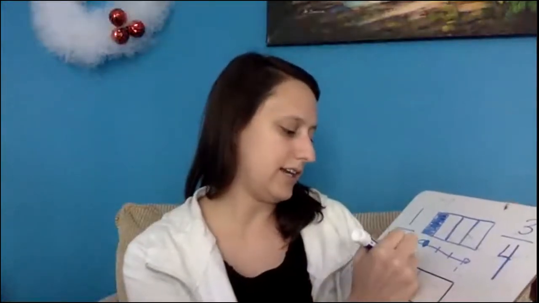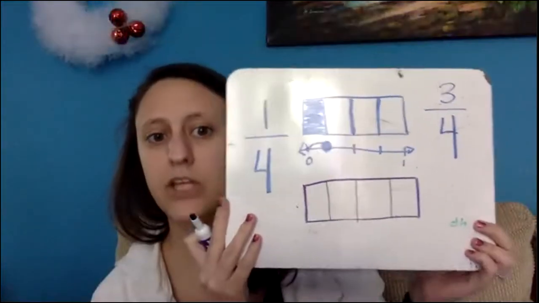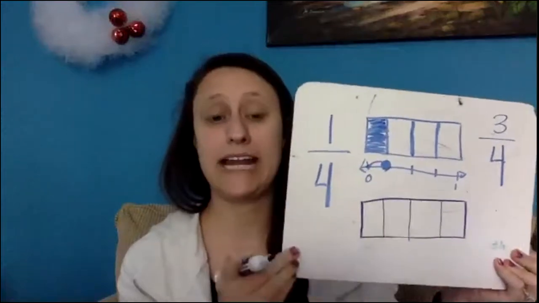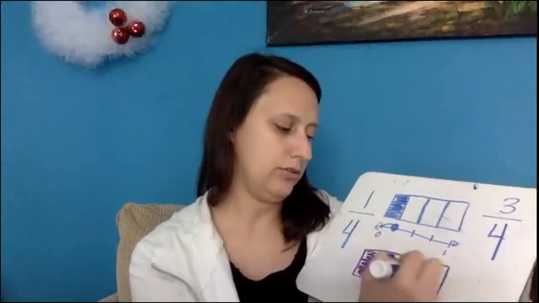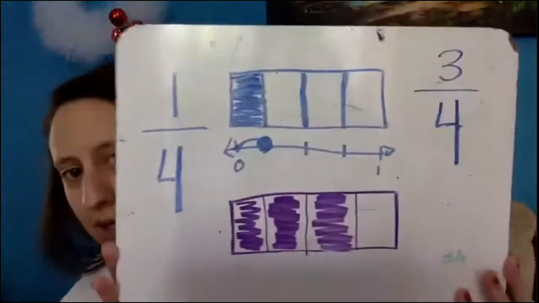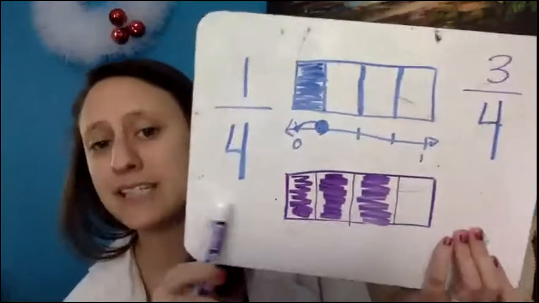Again, divide it into 4 equal pieces. You ate 1/4 of your candy bar, and I ate 3/4 of my candy bar. 1, 2, 3. Who ate more of their candy bar? I did. Because our pieces are the same size.